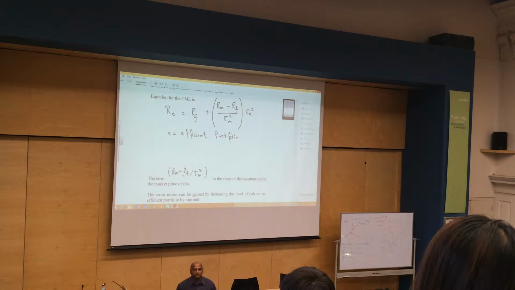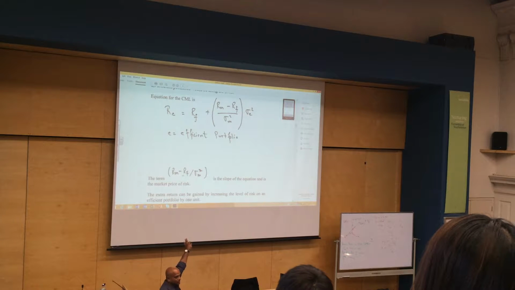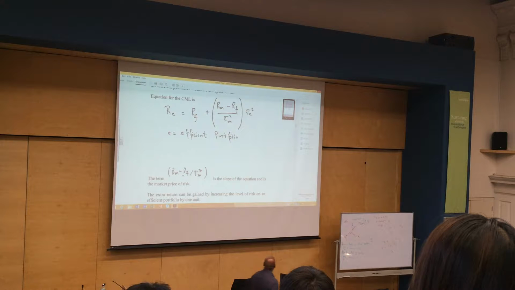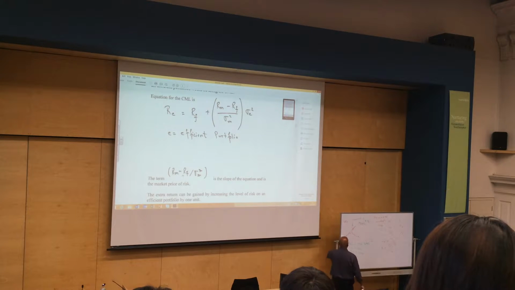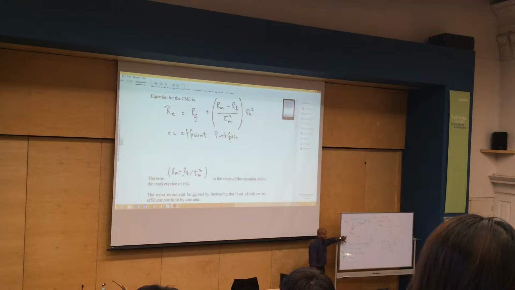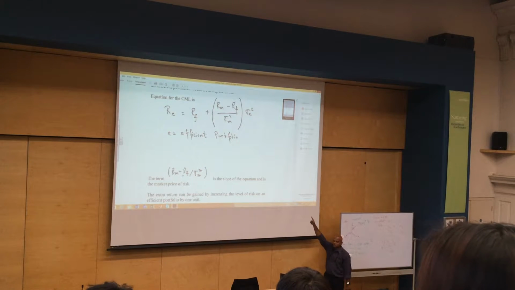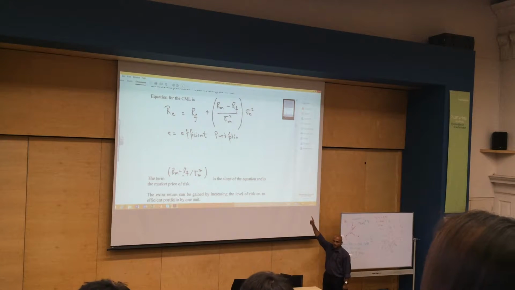Which is the intercept in this equation of the line? RF is the intercept, right? And the slope is equal to that.